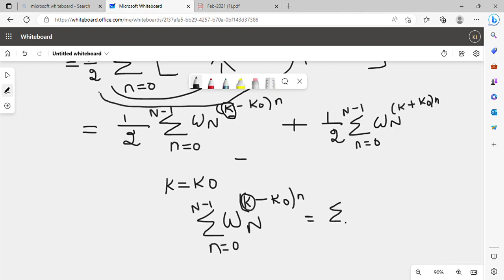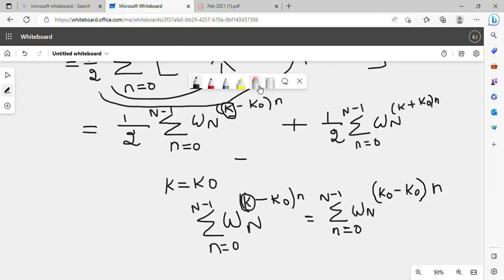So I would be getting n minus 1 to n is equal to 0, that is omega of n into k naught minus k naught. Okay, so you get this resultant.